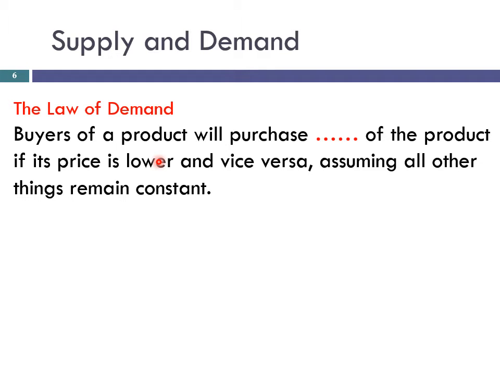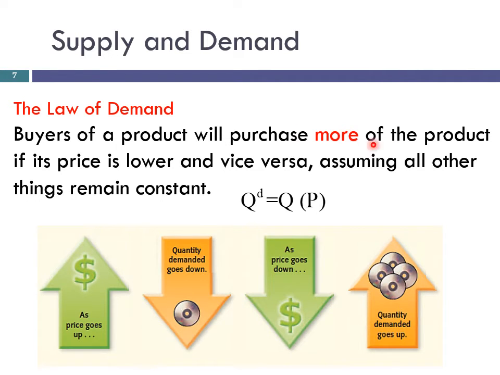Of course, our assumption here is that all other things remain constant. Only the price is changing, nothing else is changing. So if the price is lower, you want to buy more. If the price is more, then you want to buy less.